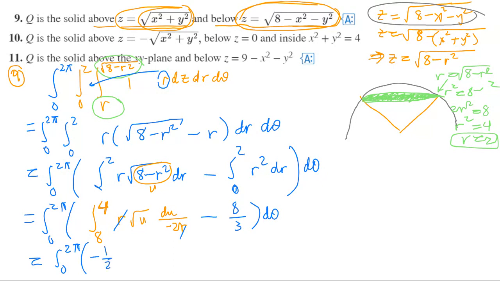The antiderivative of u is u to the power 3 halves over 3 over 2, from 8 to 4, minus 8 over 3. d theta.